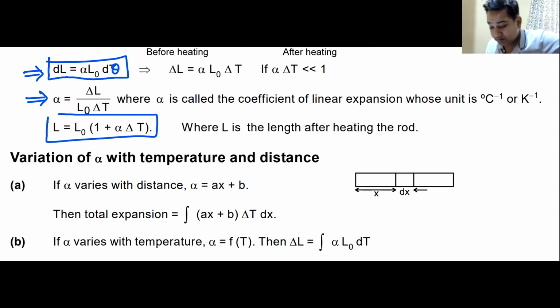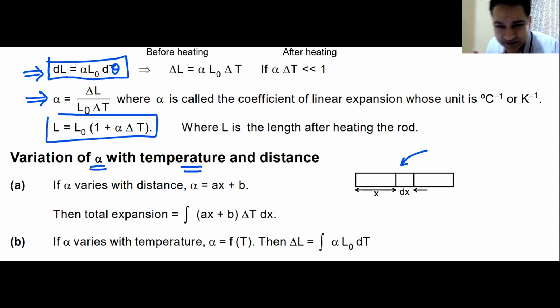Now, sometimes you might, not in JEE Mains, in JEE Advanced, I have not seen such a question, but such a question can be easily made, where you have this alpha, which is normally treated as a constant. You may have a varying alpha. If you have a varying alpha, it can vary with temperature. Normally it varies with temperature, but we neglect that point. Or it can vary with the distance along the rod.